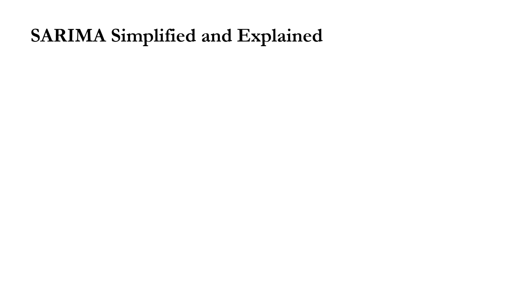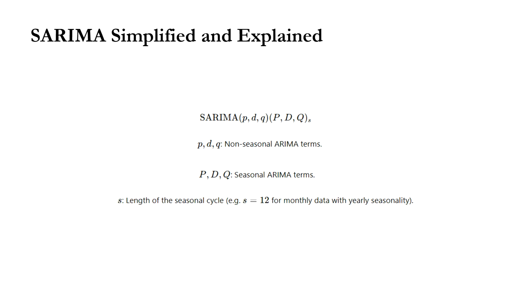So here's SARIMA simplified and explained. The p, d, q are the non-seasonal ARIMA terms, like I mentioned earlier. And then the big P, D, Q are the seasonal ARIMA terms. And then S is the length of the seasonal cycle, right?